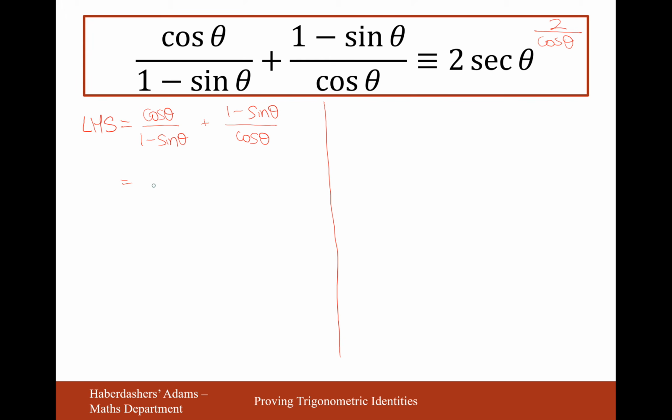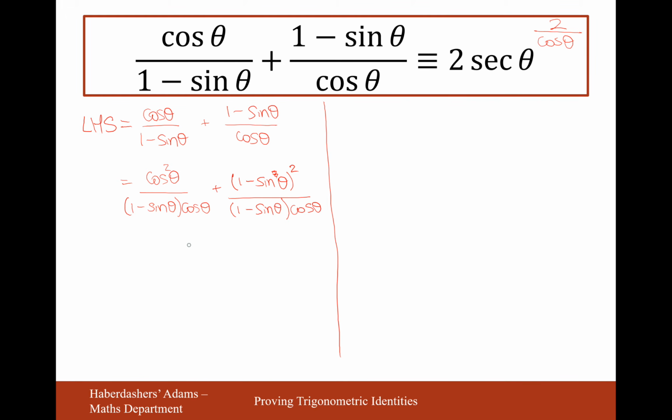Well, we can create common factors on the top and bottom and see what cancels out. So we're going to get cos theta squared over 1 minus sine theta times cos theta, plus 1 minus sine theta squared over 1 minus sine theta cos theta.